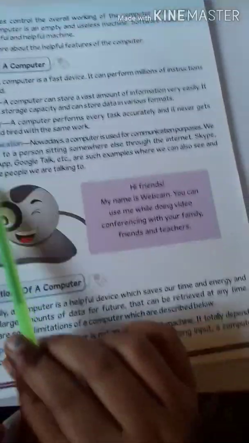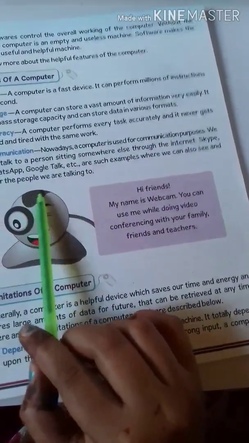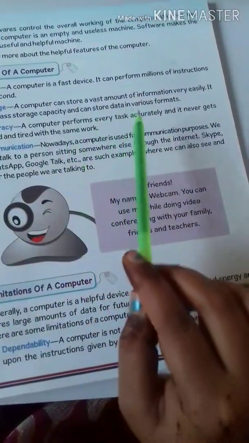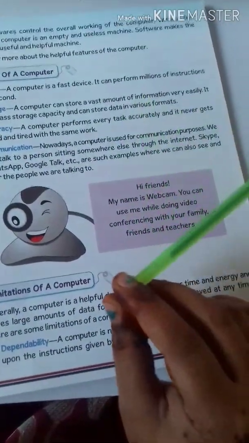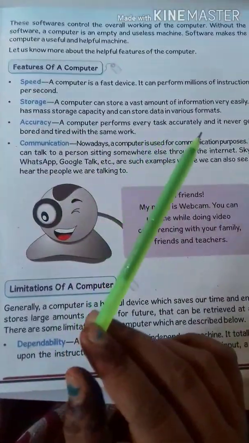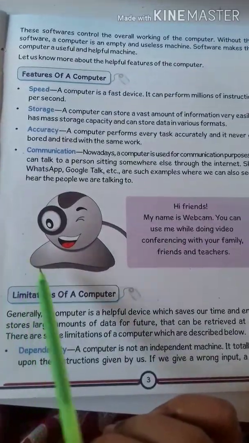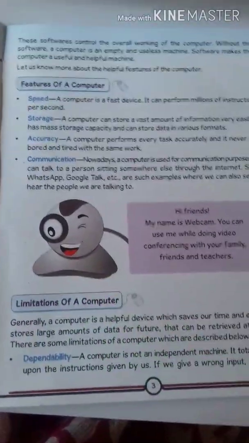Next is communication. With a computer we can talk to a person through the internet, like WhatsApp, Google, WeChat, etc. This is a webcam.